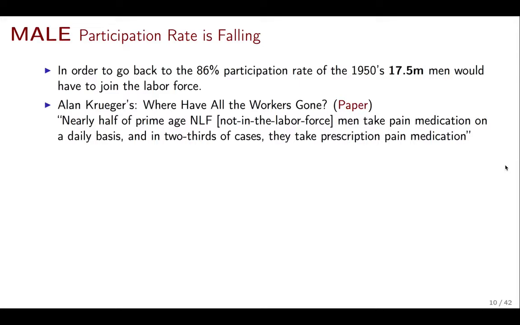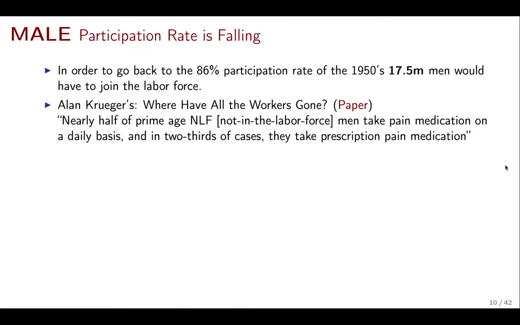And Alan Krueger, who passed away a couple years ago, had very influential papers where he was looking at what's behind the disappearance of all these workers, what's happening to them. And he found something that's very worrisome because it links dropping out of the labor force to high rates of pain medication and prescription pain medication.